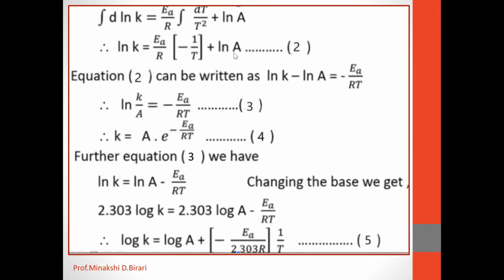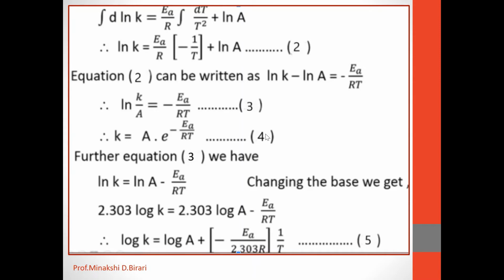This equation number 2 can be written as ln k minus ln A is equal to minus EA upon RT. Therefore, ln k upon A is equal to minus EA upon RT. We can give this equation number 3. Then k is equal to A into e raised to minus EA upon RT.